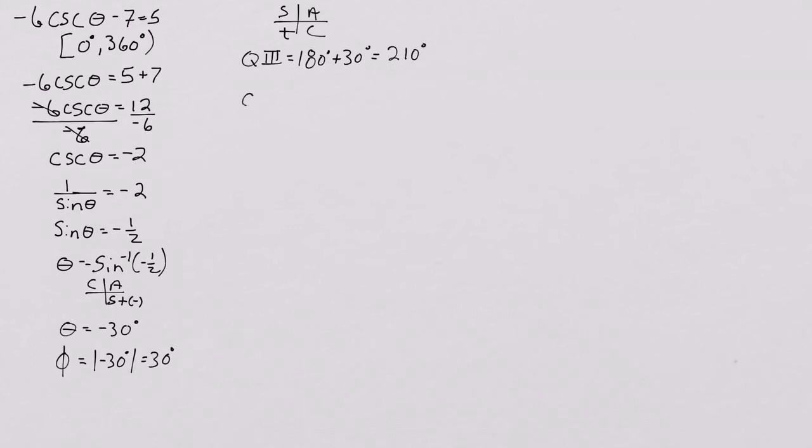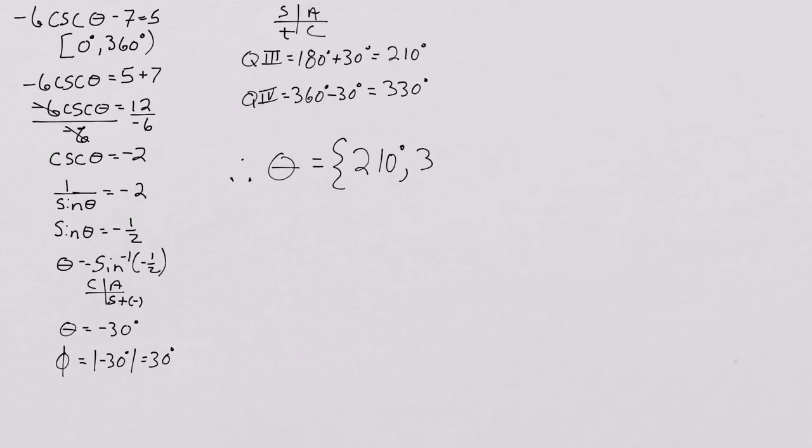In quadrant 4, we're doing 360 degrees minus my reference angle, which is 30 degrees, which equals 330 degrees. Therefore, my solution to theta is going to be the set of answers of 210 degrees, comma, 330 degrees.